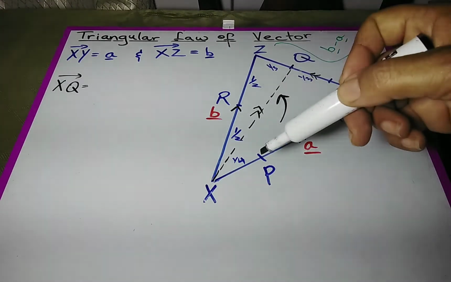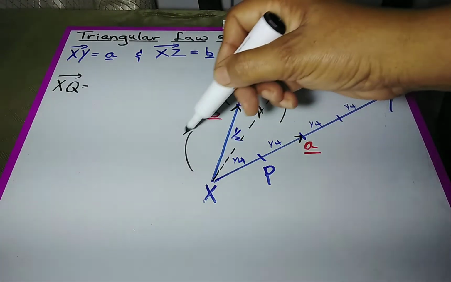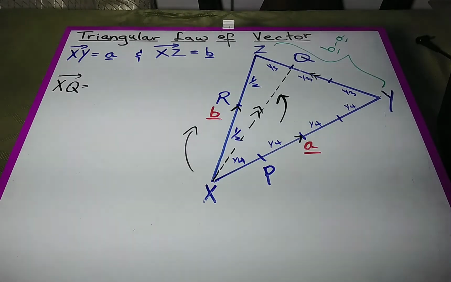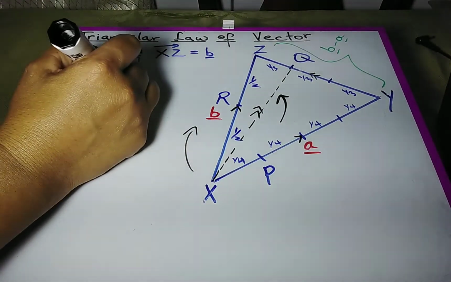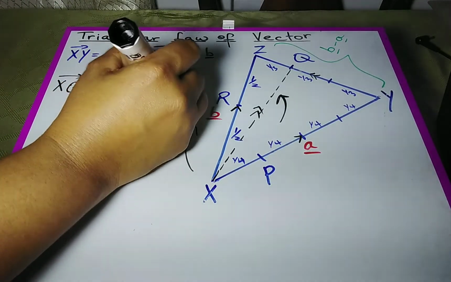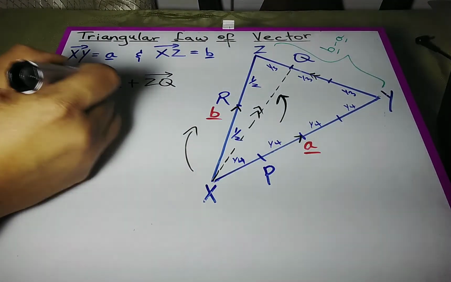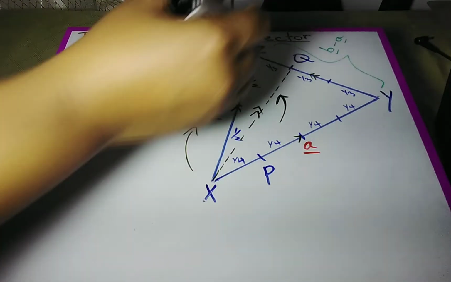So we have to go in a clockwise direction to calculate it. So it's going to be X to Z, Z to Q. Vector X to Z plus Z to Q, start with X, end with Q. So XZ is B.